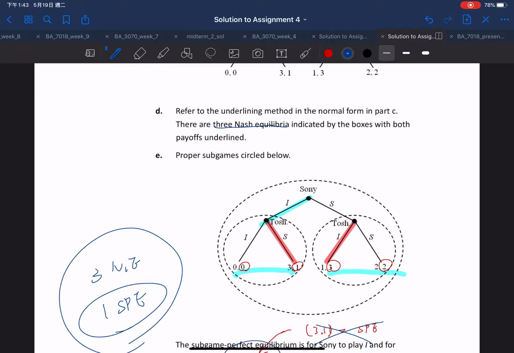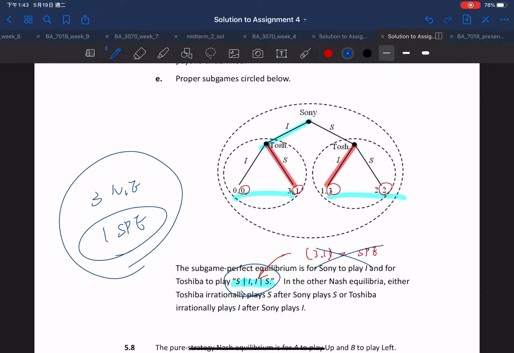So, for example, why is it a Nash equilibrium for Toshiba to irrationally play S after Sony plays I? One of the Nash equilibria that's not subgame perfect is this one. Sony will choose I, and Toshiba will choose S no matter what. Okay?